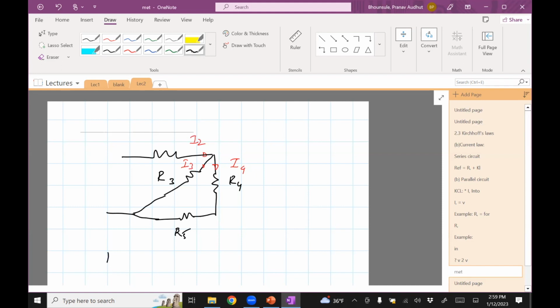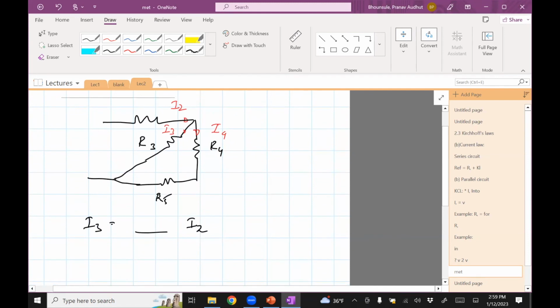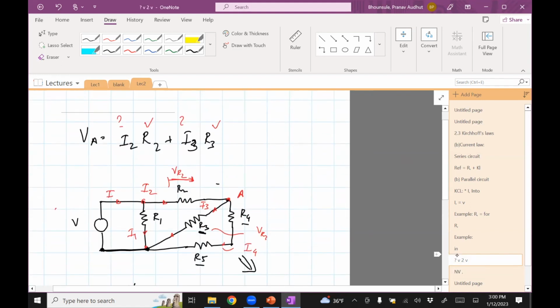So if you want to compute I3, that's going to be some fraction of I2, and again I use the current divider rule, and I compute the fraction, which is going to be R45 divided by R3 plus R45. R45 is the combination of 4 and 5. So I2 is known from the previous step. R45 is something I computed earlier, so I think we can compute I3. And then using this formula, I can find VA, right?